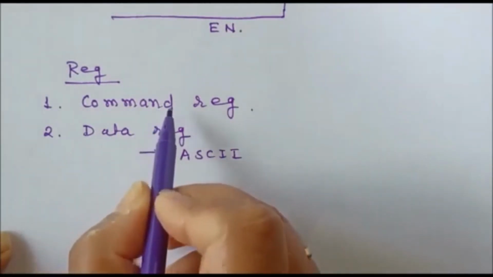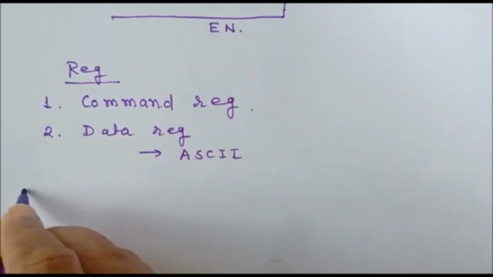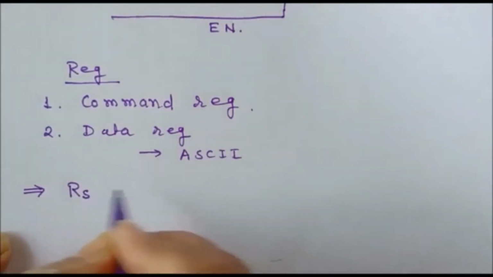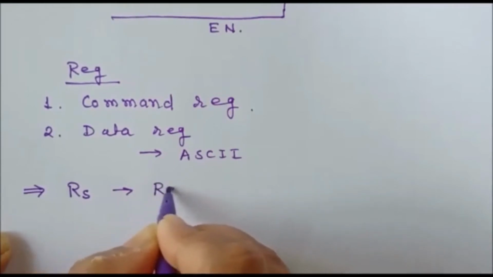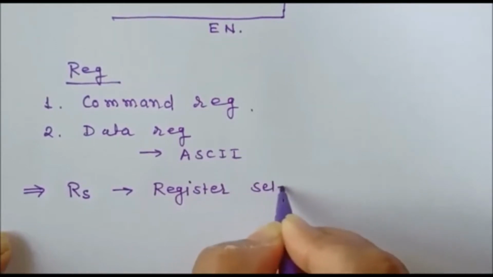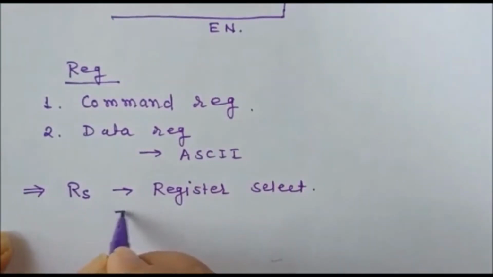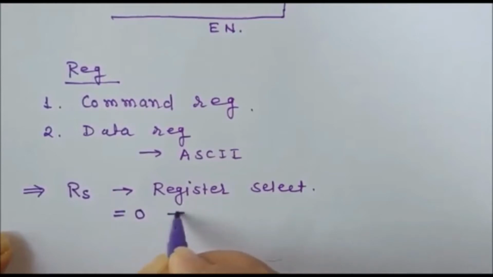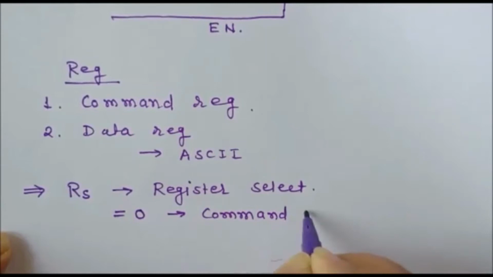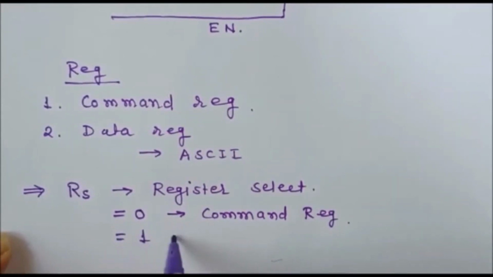Now to select this command register or data register, the LCD signal RS terminal is used. So RS is called the register select terminal. When RS terminal is at logic 0, command register of LCD is selected. And when RS terminal is at logic 1, data register of LCD is selected.